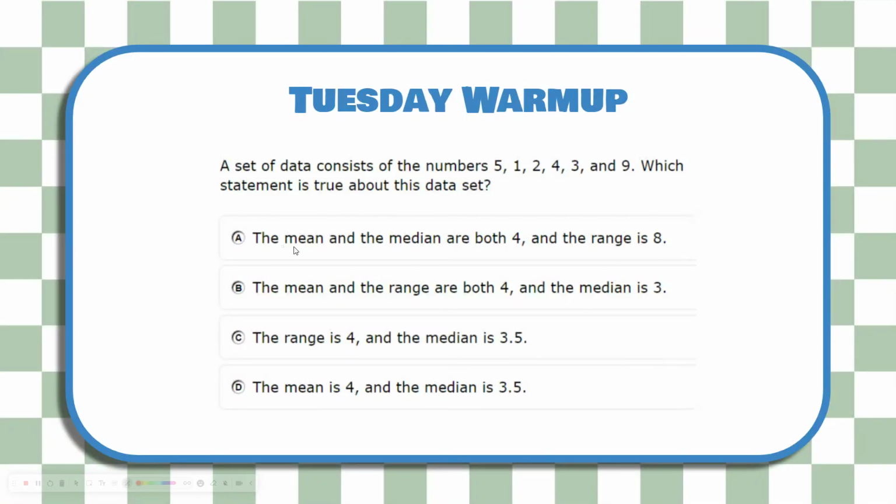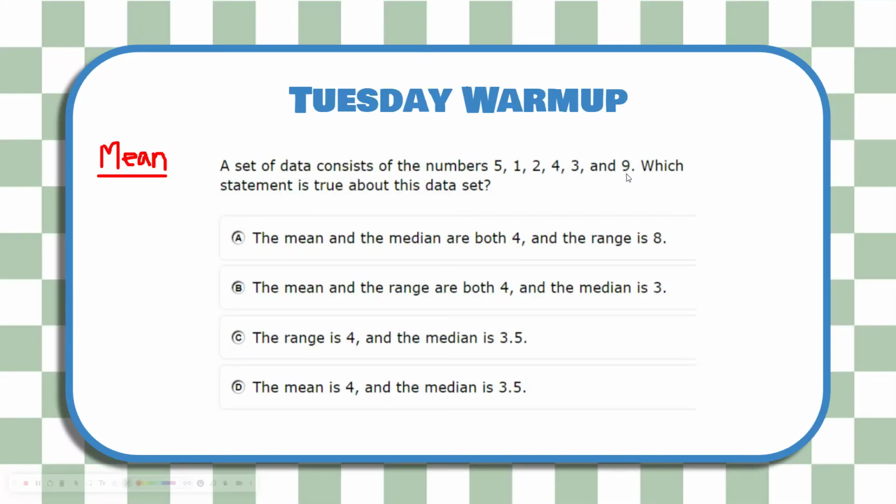Alright, so if I'm just looking through these answer choices, it looks like it mentions mean, median, and range. So I am going to find those three things and then look back at the choices. Mean is the average. That means I'm going to add the numbers together and divide by 6 because there's 6 numbers.